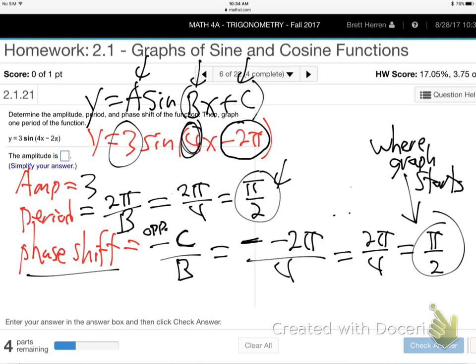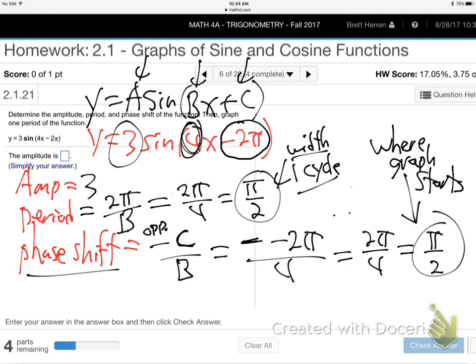And the period, as you know, is the width of one cycle. So the period is how wide a cycle is, and the phase shift is where it starts. Notice it doesn't start at 0. This graph will not start at 0. It'll start at pi over 2. So are we good with all that? Everybody see how I did that?